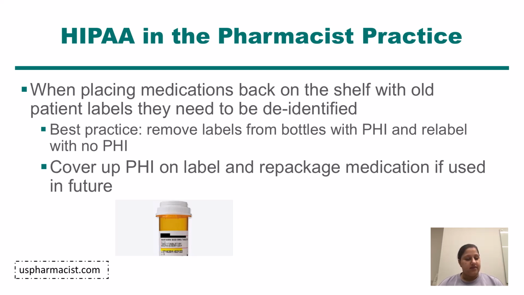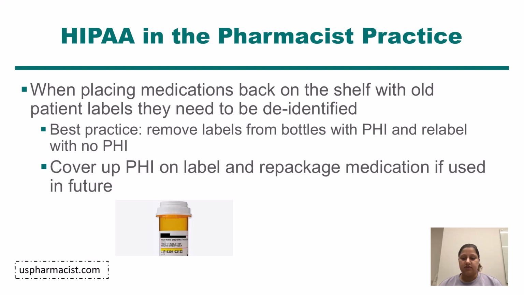Again, this will be from site to site, so make sure you work with your site and see what their practice is. But best practice is to remove the label with the patient information on it, and or just relabel the bottle with just the drug name so that you can use the medication for a different patient. And as a reminder, again, best practice is to always replace the plastic of the bottle.